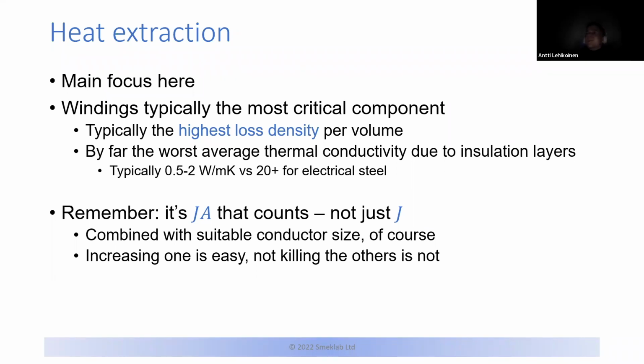And they are electrical insulators, yeah, but sadly, they are normally also very good heat insulators, meaning the bulk conductivity of the winding is usually between 0.5 and 2 watts per meter Kelvin, which is like 1/10 or less of the conductivity of the steel of the machine. So the windings, they are the critical component. They have a high loss density and poor conductivity.